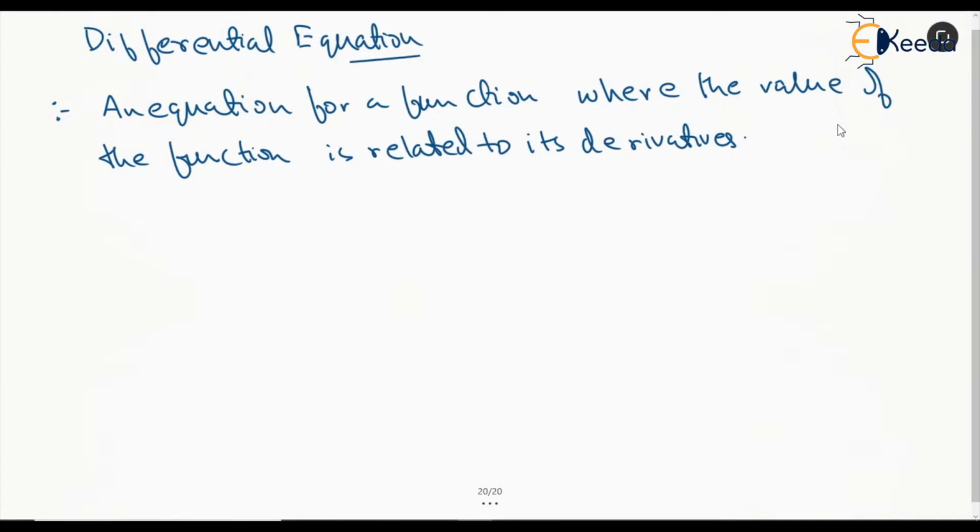So it can be of the form, let's say, if I say the first order differential equation, then it can be dy by dx as a function of x and y, right?